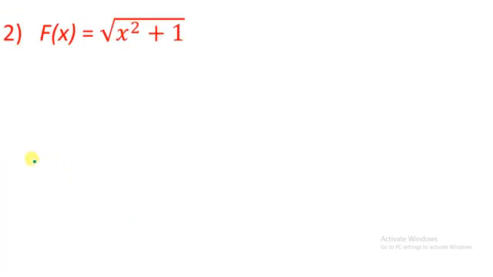Now we have a new example. I have the function f of x equals radical x squared plus 1. I want to find its derivative f prime. First we have radical. يعني بدنا نفترض هيدي الكوانتيتي كلها اللي under radical رح نفترض اسمها u.